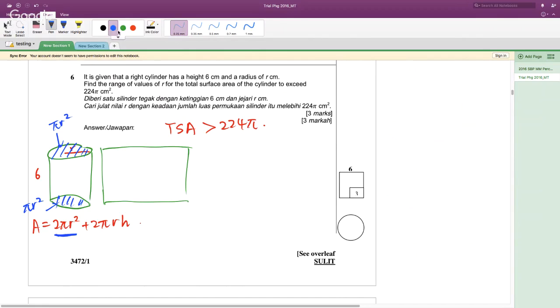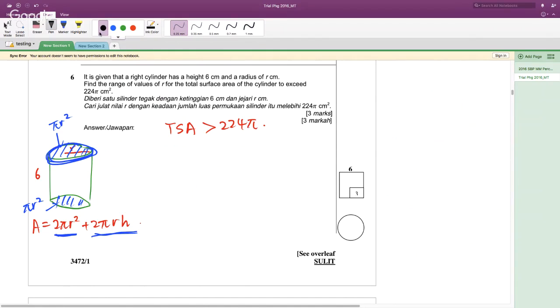The length of the rectangle is the circumference, which is 2 pi r. Then we multiply by the height in order to get the area, so you get 2 pi r h. This is how the area formula for a cylinder comes out.